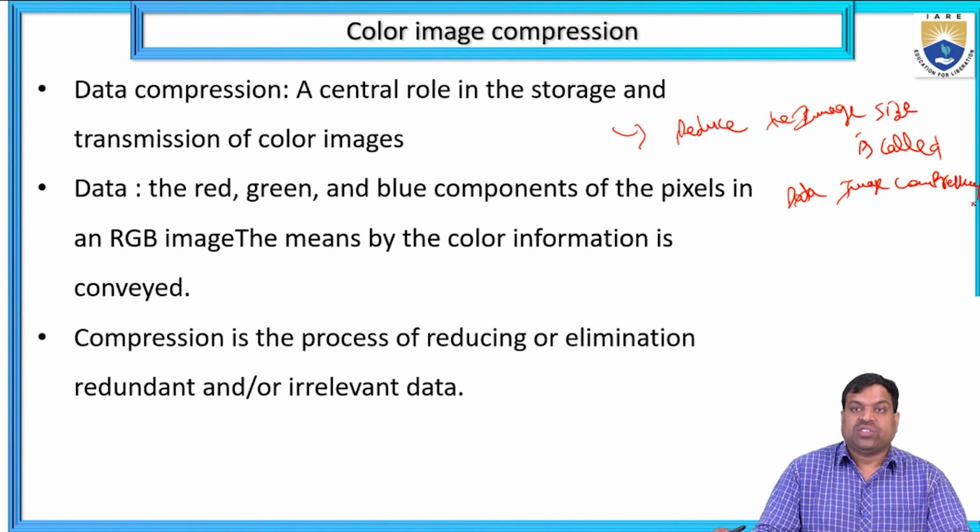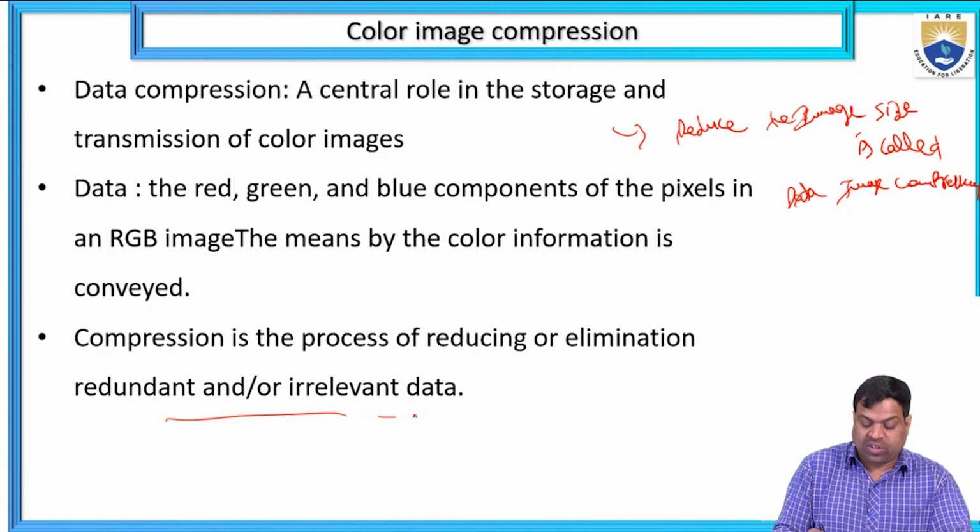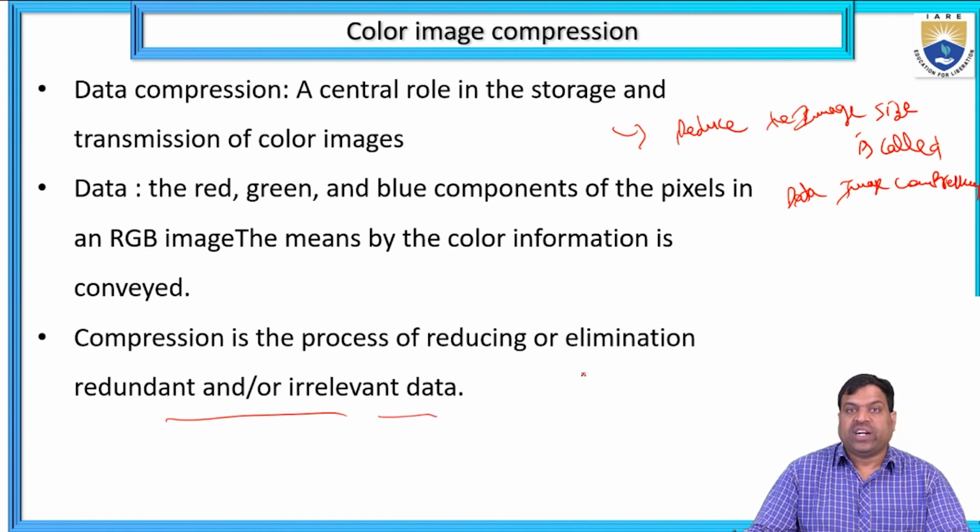The red, green, and blue components of the images in the RGB image convey the color information. Compression is the process of reducing or eliminating redundant or irrelevant data. That is data compression.